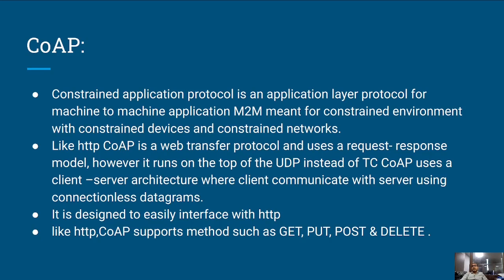However, the advantage is that here it runs on top of UDP instead of TCP, using a client server architecture where the client communicates with the server using connectionless datagrams. It is designed to easily interface with HTTP, and like HTTP, CoAP supports methods like get, put, post, delete.